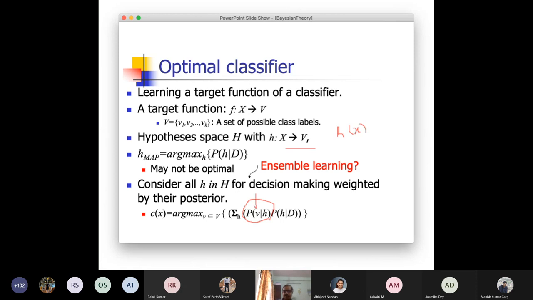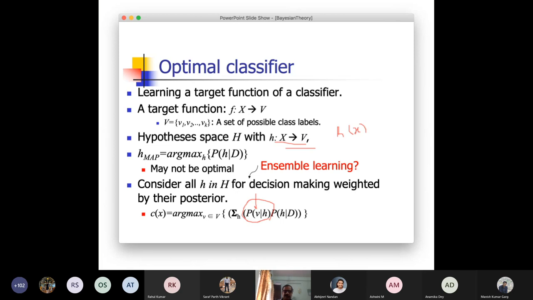When it is very crisp, that means for every input there exists only one label, the probability of that label is 1 and the others are 0 in a usual scenario. But you can have probabilistic inference here also in these target functions, so you get a probability of labels.